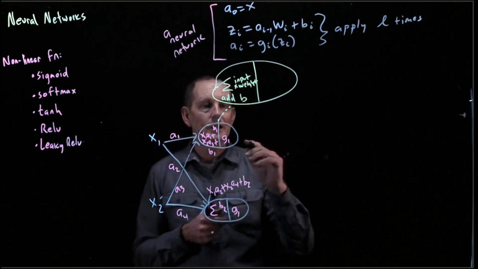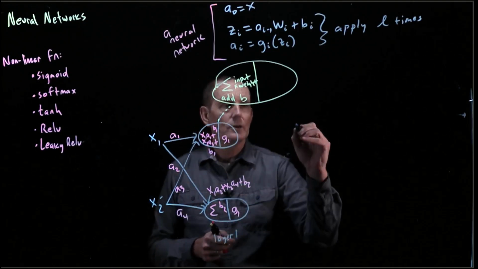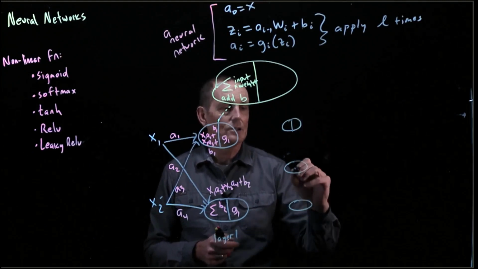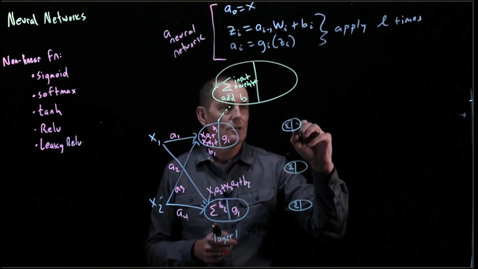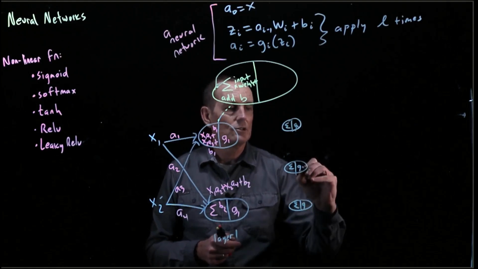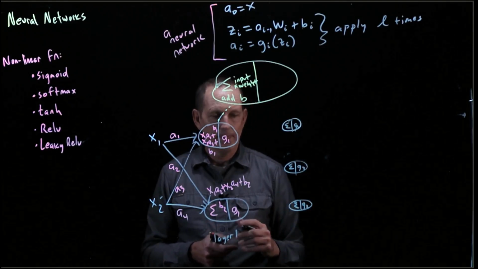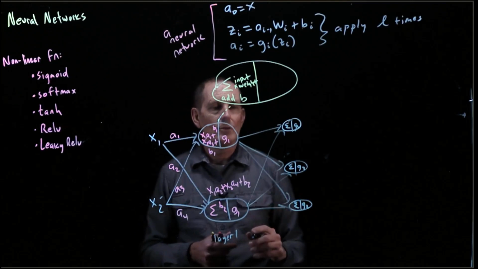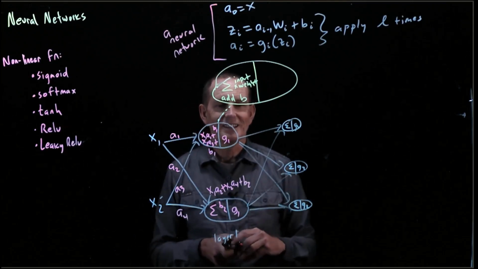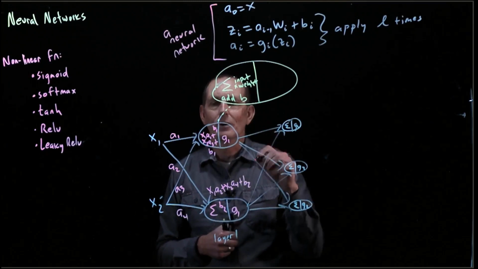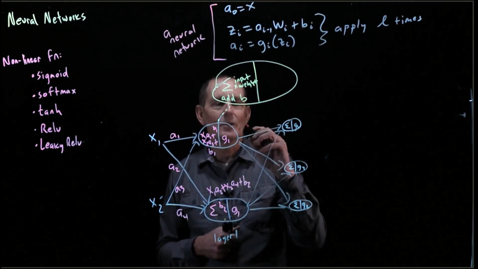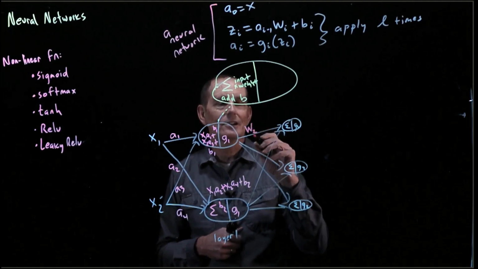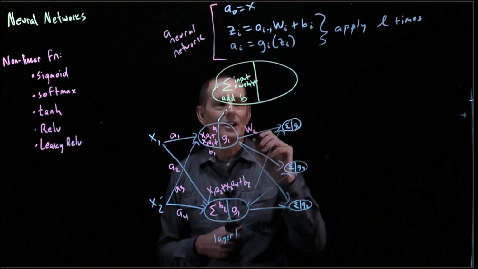We can extend this diagram to more layers. So this is layer 1. We can look at, let's say, layer 2 might be of size 3. Sigma here, we have a G2. And now we again have to connect. And then we'd have to write down that we have 6 weights. And the general form of these weights is confusing. So we might view this as W, the second layer, from the first node to the first node.